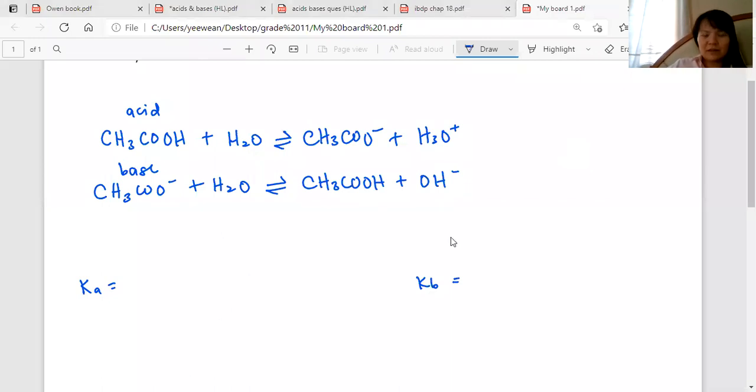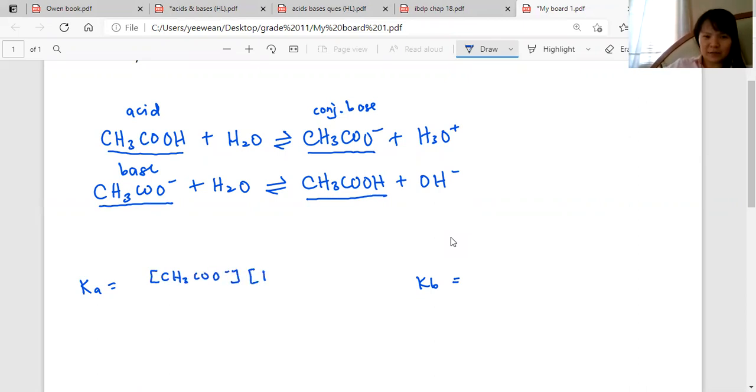Okay, let's recall a little bit about conjugates. If this is your acid, ethanoic acid here, this would be your conjugate base. I'm going to put the base here, and then you get a conjugate acid here. The top system is for my Ka, so I'm going to write that here: CH3COO minus and H3O plus over CH3COOH.